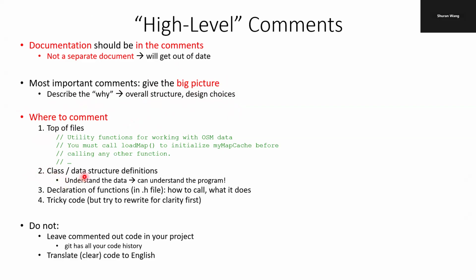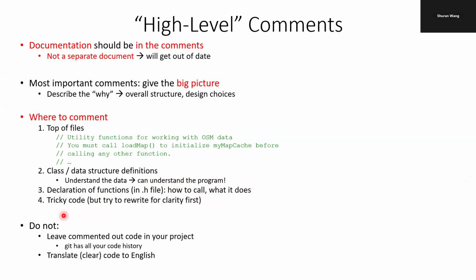In front of the class and data structure definitions, have a block of comment, because usually understanding the data structures means understanding how you implemented the program. The declaration of functions in header files: how to call it, what it does.